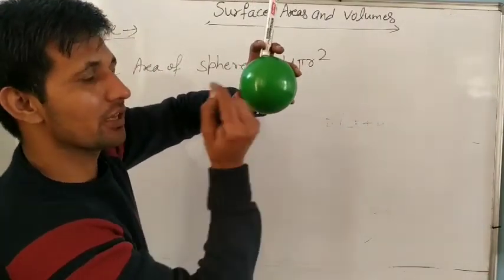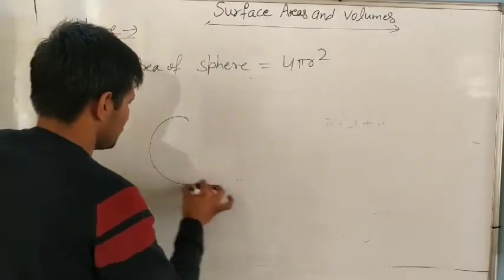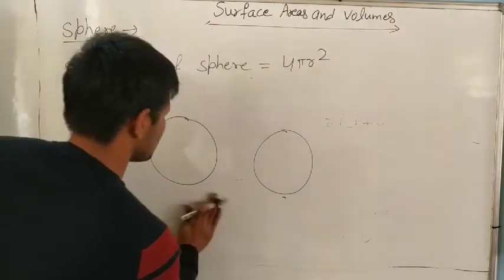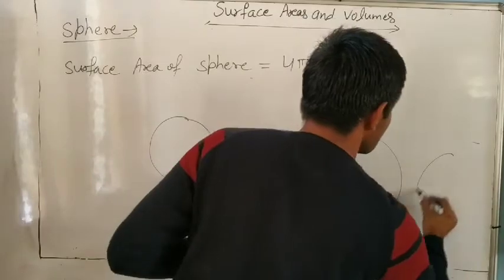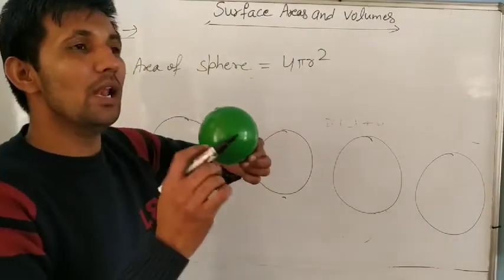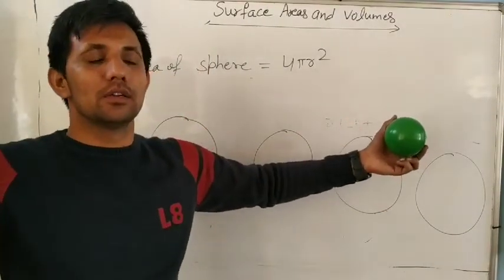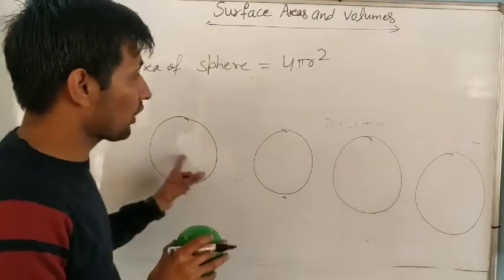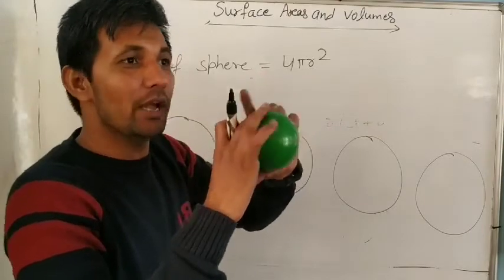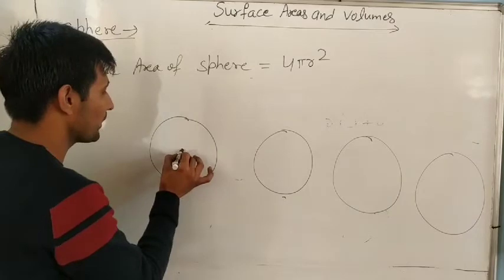We will cover this sphere completely, and in the last, after covering the sphere with the rope, I will remove the nail and find the total length of the rope, and we will take 4 circles of the same radius as the sphere.